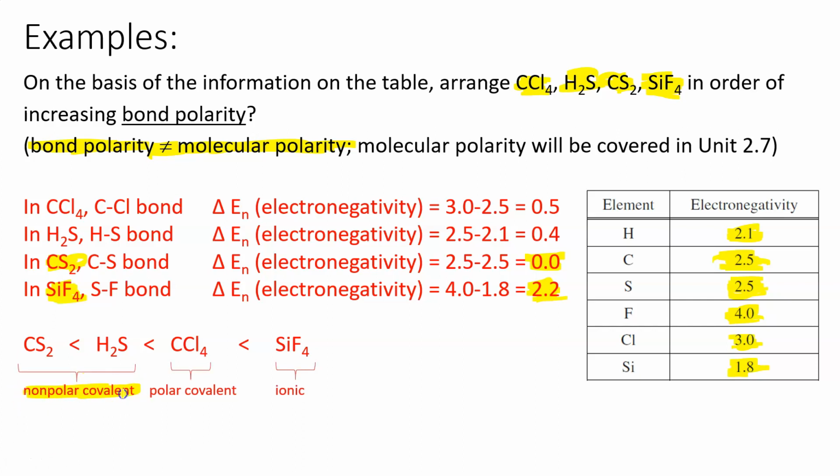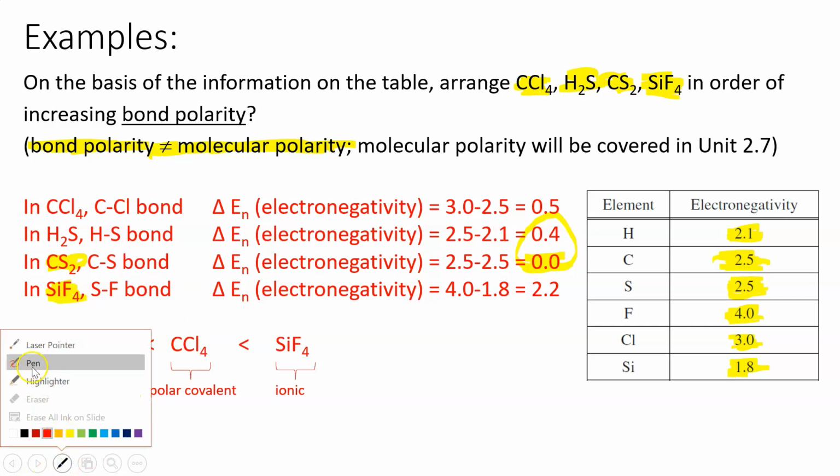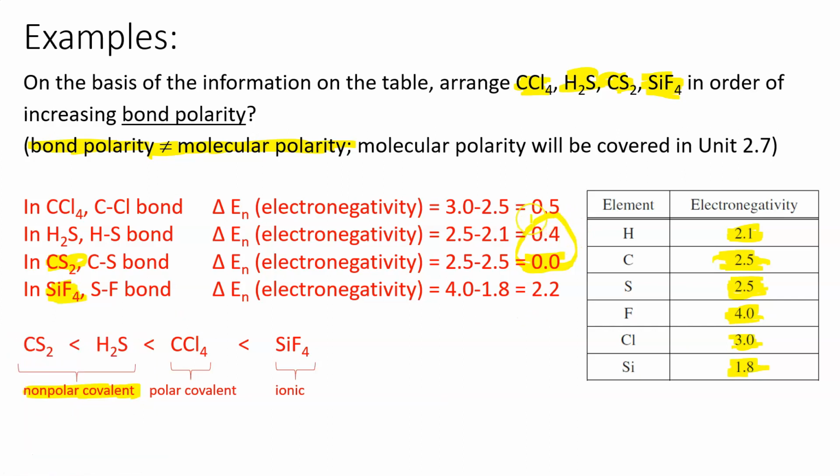These two are actually nonpolar covalent because they're 0.4 or less as an electronegativity difference. And if you look at the bond in CCl4, it has a difference of 0.5.